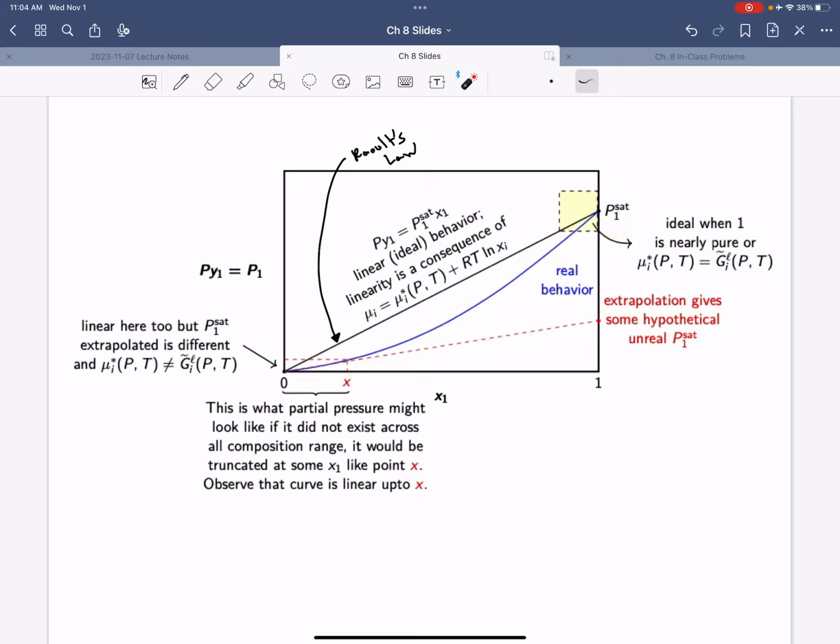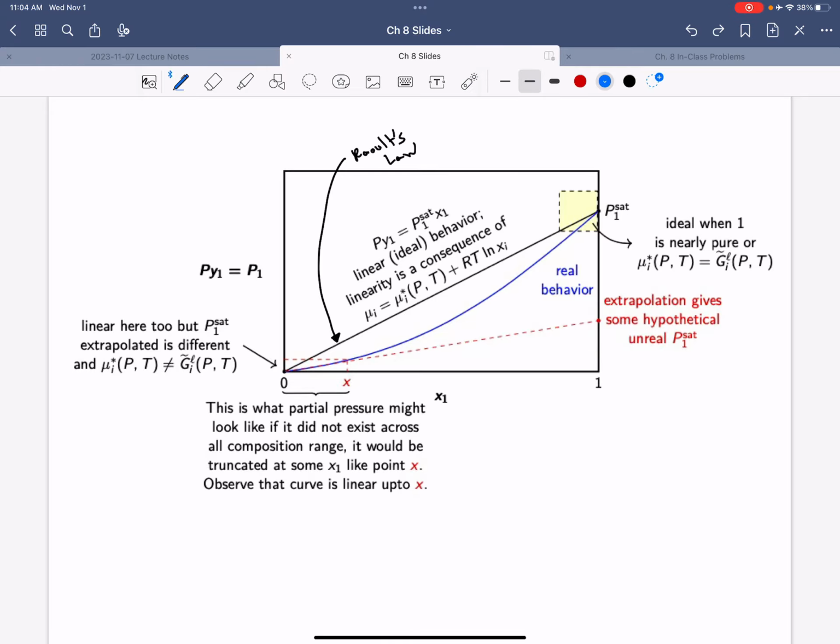Okay? And so what Henry's law is saying is that if you extrapolate the linear portion of the curve to a mole fraction of 1, this hypothetical vapor pressure would be your Henry's law constant.